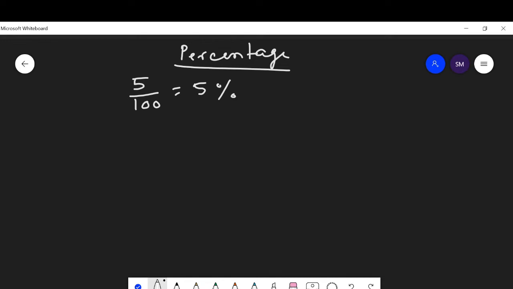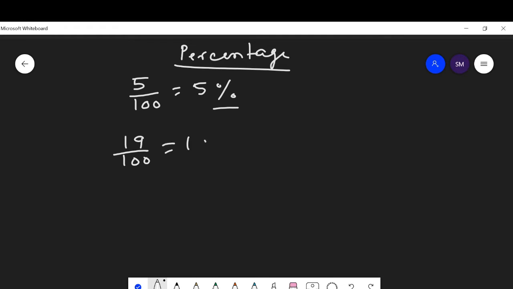What is percentage? Let us at first discuss what is percentage. A fraction with denominator 100 is called a percentage. Suppose 5 upon 100. This is equal to 5%. The symbol used for percentage is this. Suppose 19 upon 100.